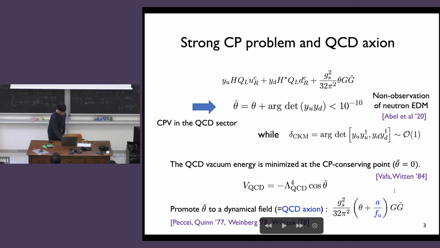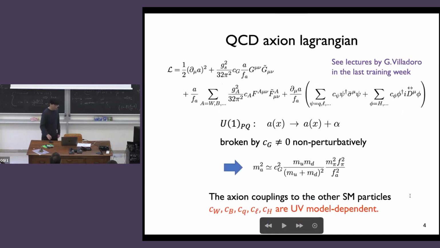Here, this scalar field coupled to the G G-dual operator is the QCD axion. The most important element of the QCD axion Lagrangian is, of course, this axion-gluon coupling. But depending on the UV physics for the microscopic origin of this axion field, we may have other axion couplings to the other standard model particles.